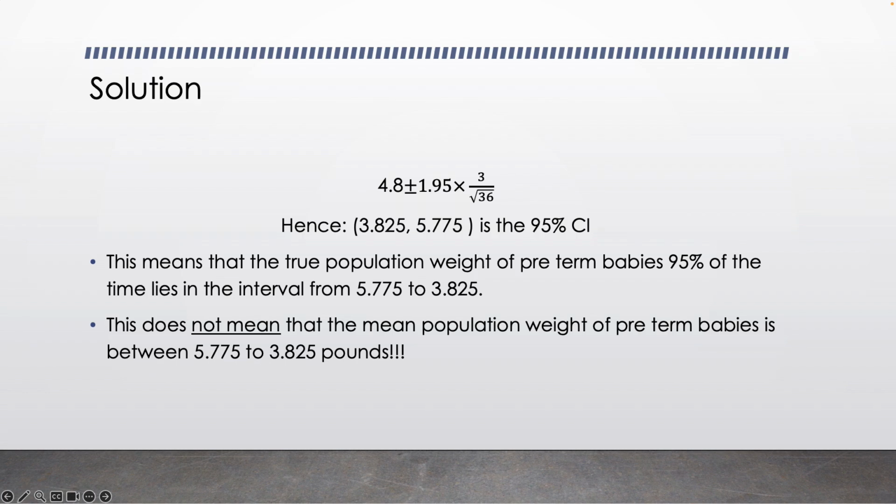Now, this confidence interval suggests the upper and lower bounds for the population estimate is between 3.825 and 5.77. But I want to point out what's random, the meaning of this last bullet. What's random is the interval. Okay, the population mean is one fixed quantity.